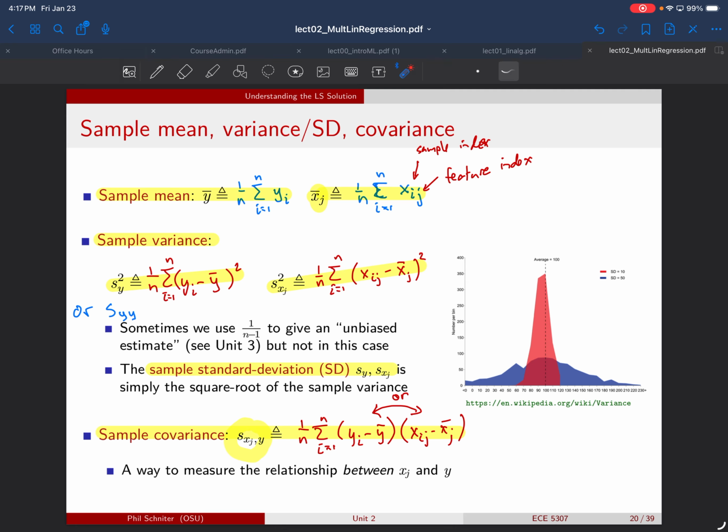If you write it that way instead of sy squared, you're using this sample covariance notation, but putting in y here and y there. Because if I have y there and y there, that's the same thing as y squared, right? So that's why I can write it this way and get the same exact thing. Sometimes when writing the sample variance, we'll write SYY instead of SY squared. It's the same thing, and we're using this more general definition. I just want to explain that there are different ways you might see this written.